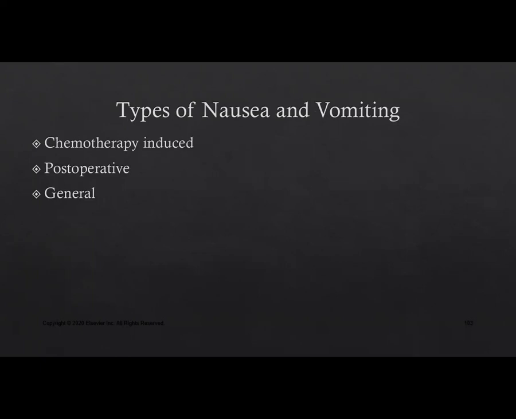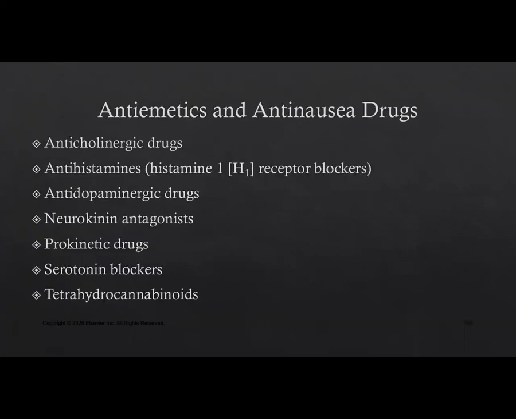So you can have different types of nausea and vomiting. Some can be chemotherapy induced, so that's why you usually give it 60 to 90 minutes before they have their chemotherapy. It can be things like postoperative or just in general. So these are all the different types of medications we can have: anticholinergic, antihistamine, antidopaminic drugs, neurokinin antagonists, prokinetic drugs, serotonin blockers, tetrahydrocannabinoids.